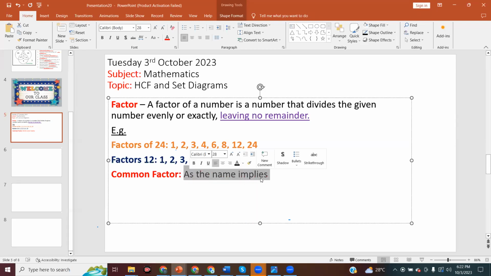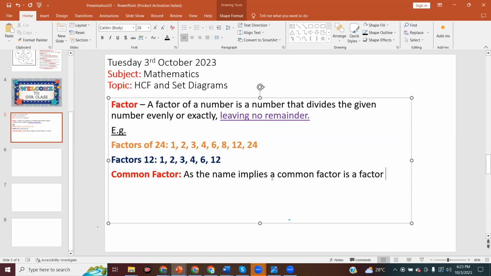As the name implies, a common factor is a factor that is shared or joint between two or more numbers.